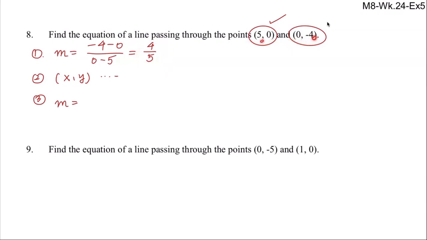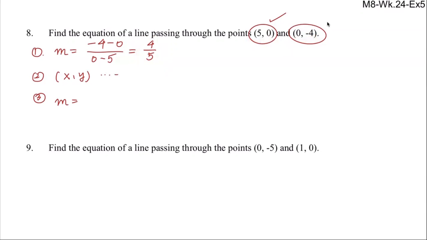We can just pick either of these 2 points and that will work. So we use the slope formula again. y minus 0 over x minus 5, and this is equal to 4 over 5, right? And this gives us y is equal to 4 over 5 times x minus 5.